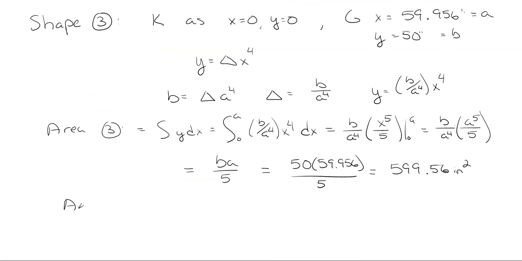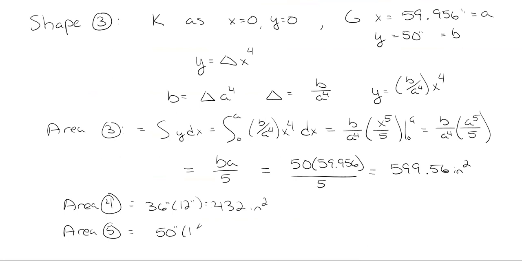So the area of number 4 would just be 36 inches times 12 inches, which gives us 432 inches squared. And then the area of shape number 5 would just be 50 inches times 18 inches, which gives us exactly 900 inches squared.